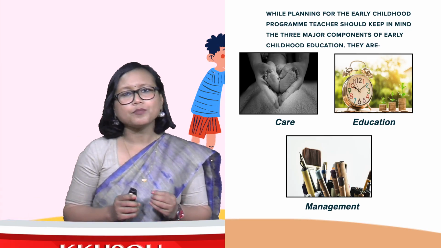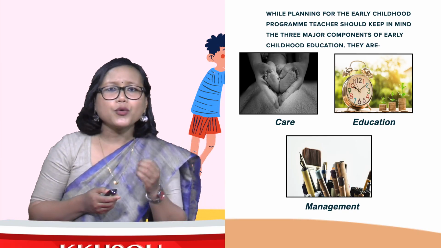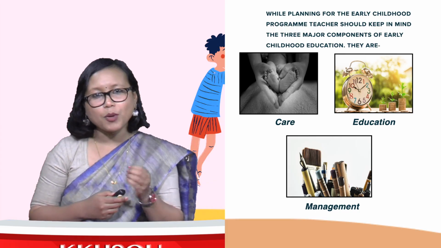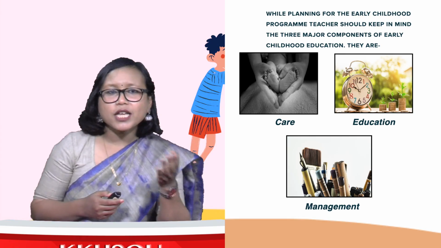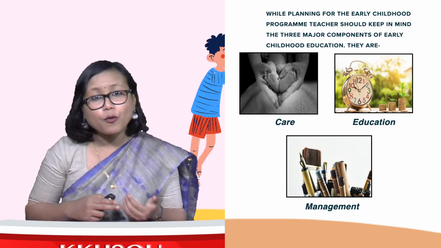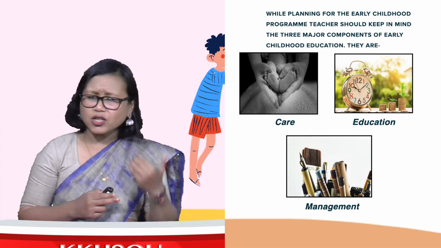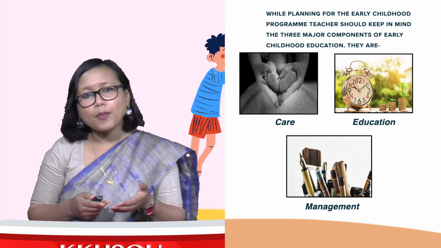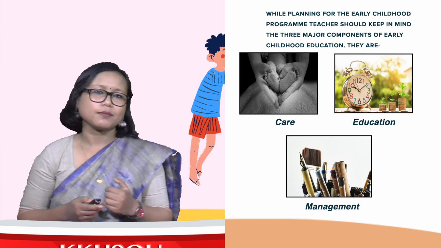For example, a teacher may implement a routine where children wash their hands before meals and after using the restroom. Additionally, offering comfort and reassurance to a child who is feeling anxious or upset, and creating a cozy nap area for rest.